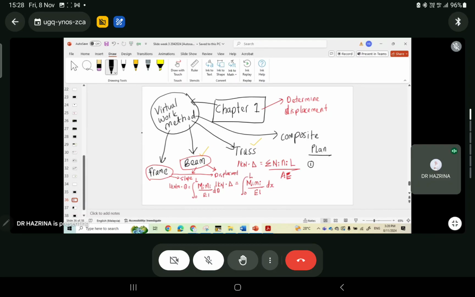So we will recap previous examples for beam. And secondly, we will look into frame structures, one example for frame structures. And if we have enough time, we will look into composite structures as well.